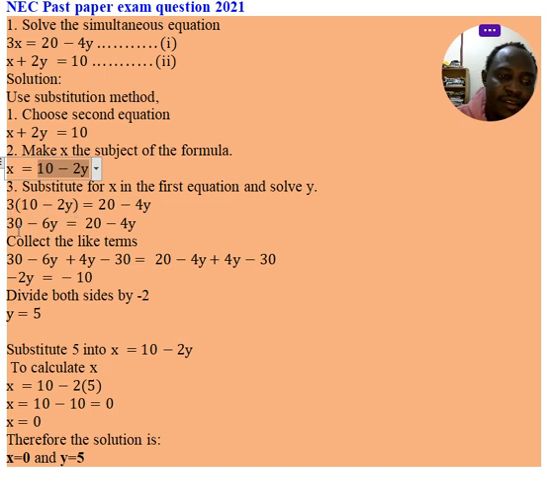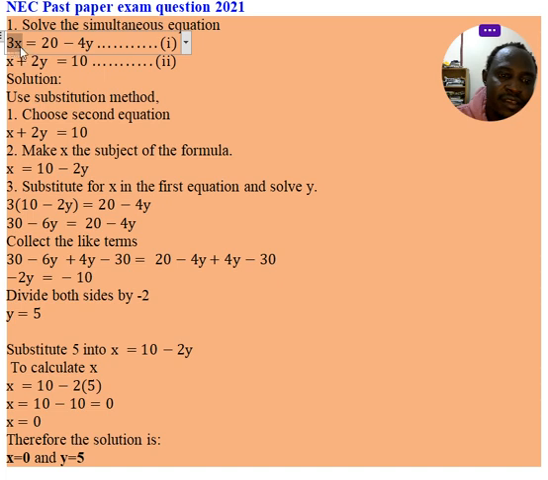So 3 times 10 will give us 30, and then 3 times 2y will give us 6y, so 30 minus 6y is equal to 20 minus 4y. Everything here remains the same, it's only these things that have changed.